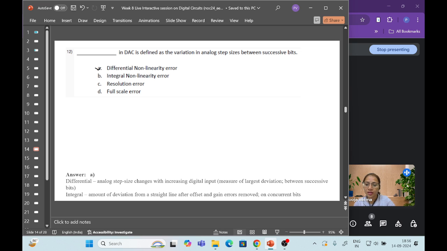In the differential nonlinear error, the analog step size changes with increasing digital input. Already you have seen in the video lectures that when the step size changes, that is the differential nonlinear error, which measures the largest deviation between successive bits.